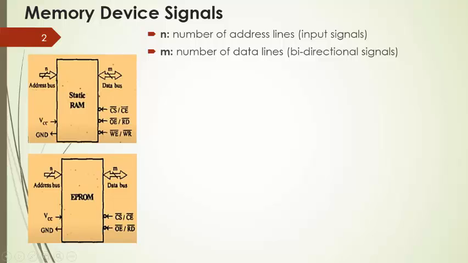So here the bidirectional arrow indicates the data lines are bidirectional, that is data either towards the memory IC or from the memory IC towards the 8085 microprocessor. Usually in case of ROM kind of ICs you will find the unidirectional arrow.